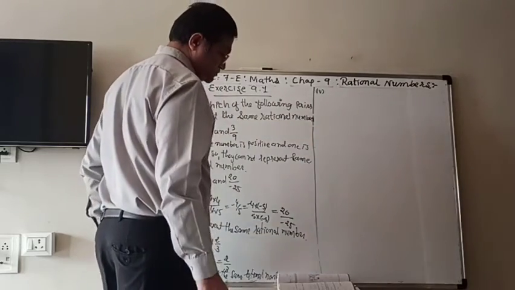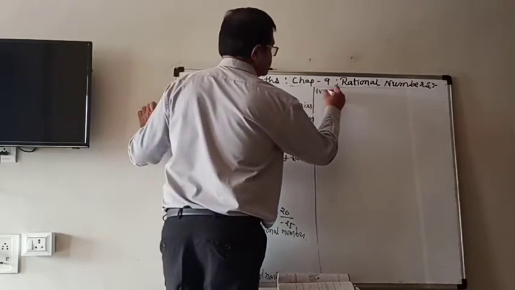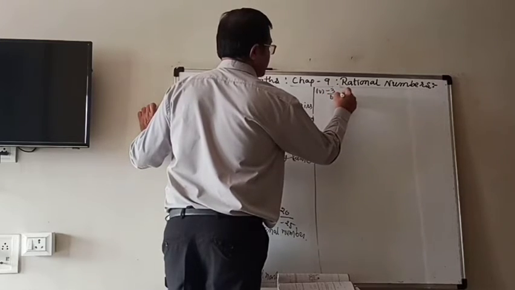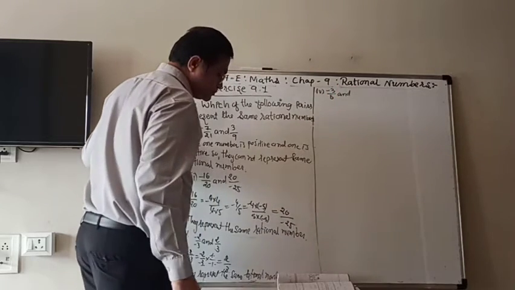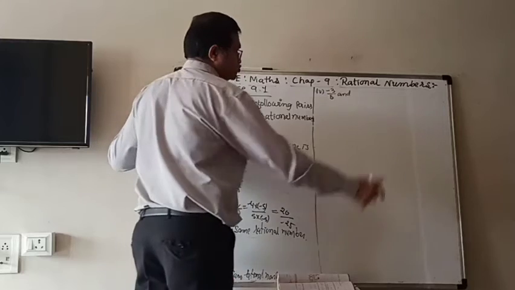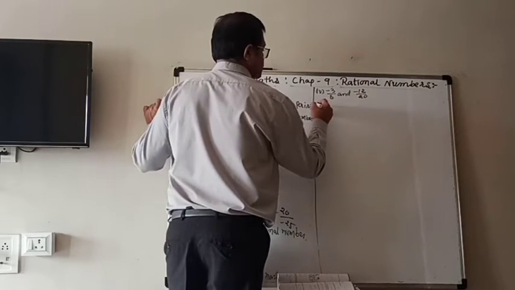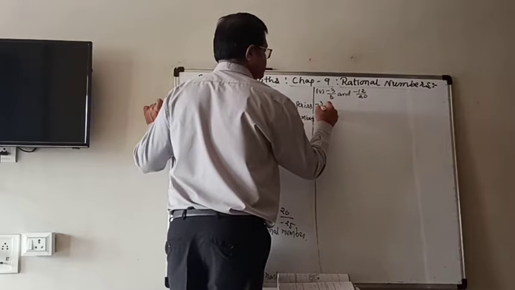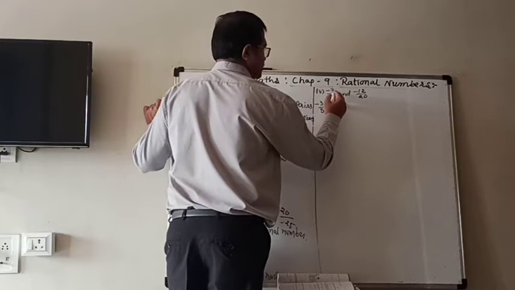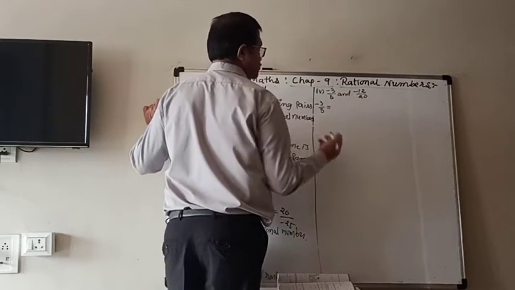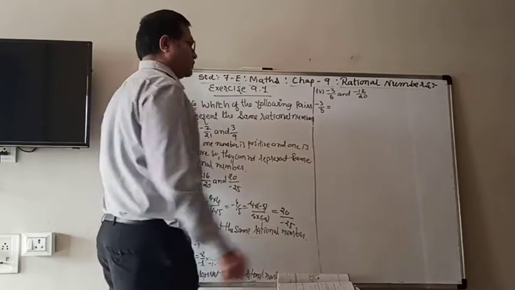Fourth one is minus 3 upon 5 and minus 12 upon 20. So now minus 3 upon 5. Because these are 3 fours are 12, 5 fours are 20, so we will multiply with 4 upon 4.